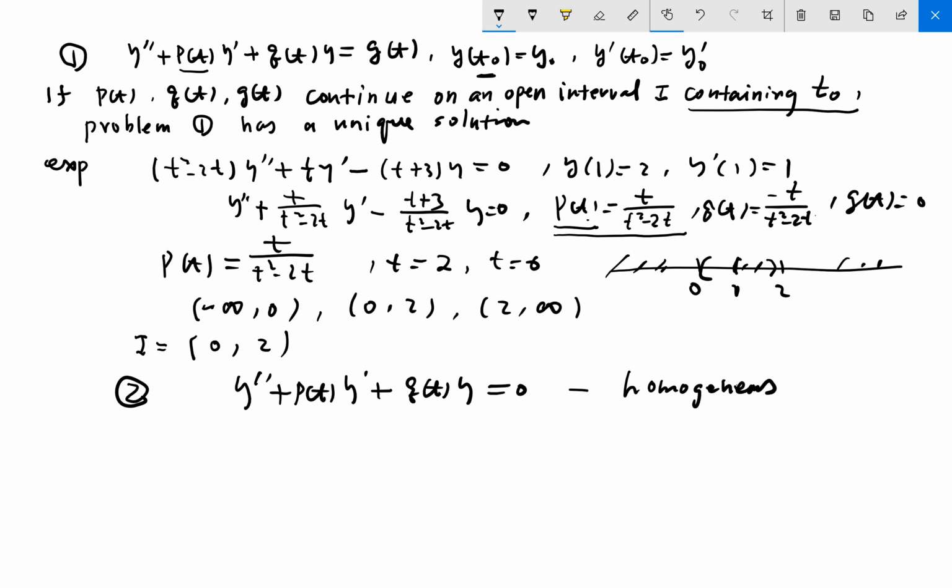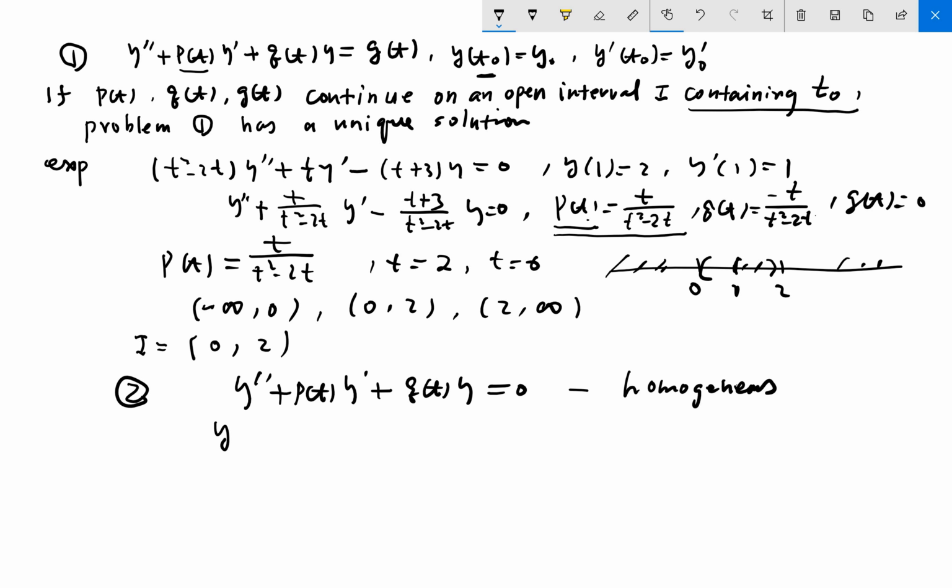Now, the next question we'd like to answer is, how do we find all the solutions for equation 2? In order to do that, we need to understand some properties of equation 2. For the second order linear homogeneous equation, we have a very important property.